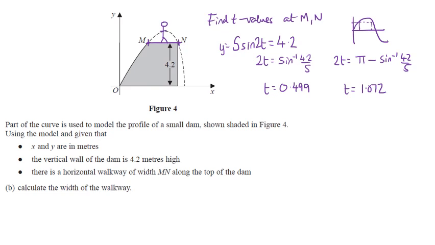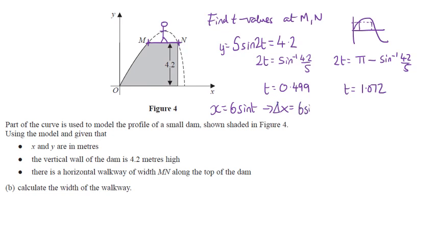So if we substitute those back into x now, so x was 6 sine t, then in the first case, we get x is equal to, well, actually, let's just work out the difference between the x values.